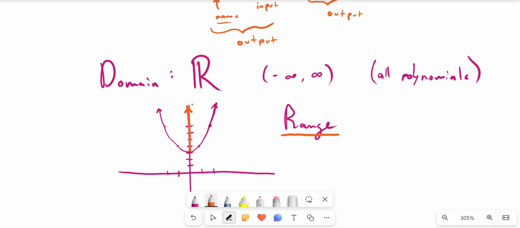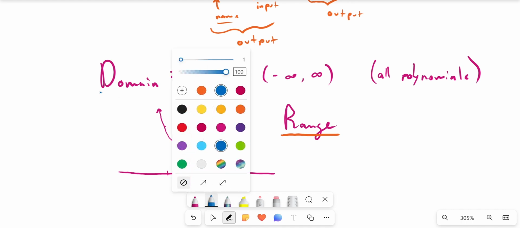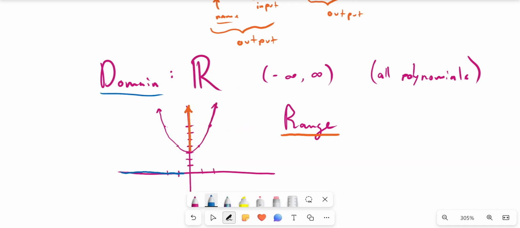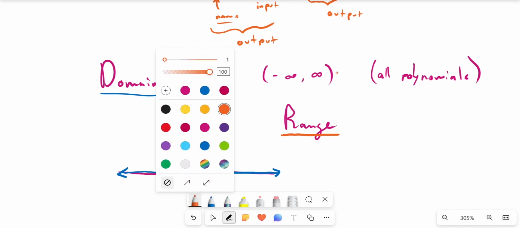The domain, any x value could go into this assignment. These rules take in a set of numbers, the real number line, and they assign to that number some other number. So they're a function from the numbers to the numbers. But which numbers get hit? It's not all of them.